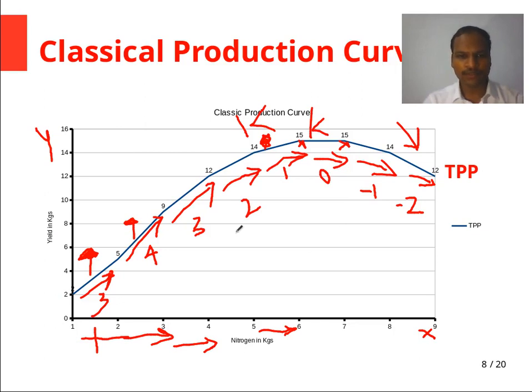We just have to know that when we increase the fertilizer, it won't increase forever. It will reduce, it will stagnate at one place. That is called the maximum yield place.